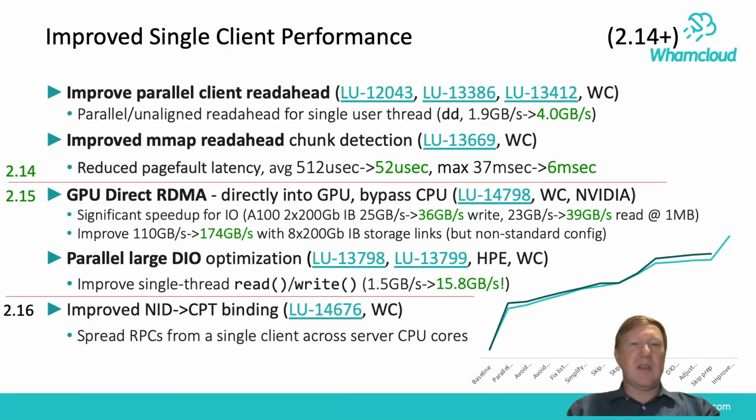In 2.16, there's some early work being done for optimizing the NID binding on the server side, and that impacts the case where only a single client is writing to a multi-core or multi-CPT server.